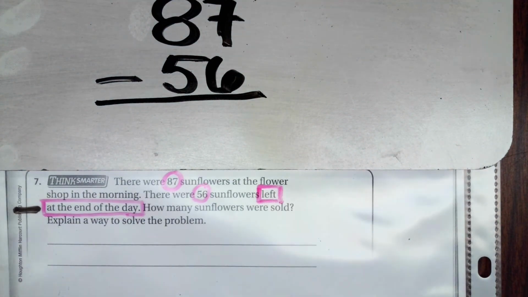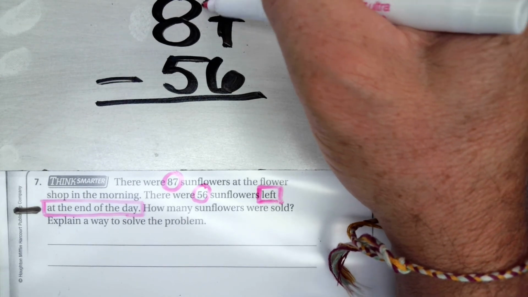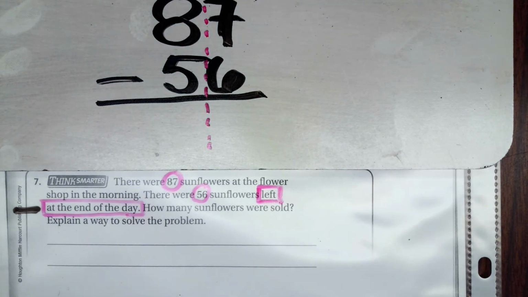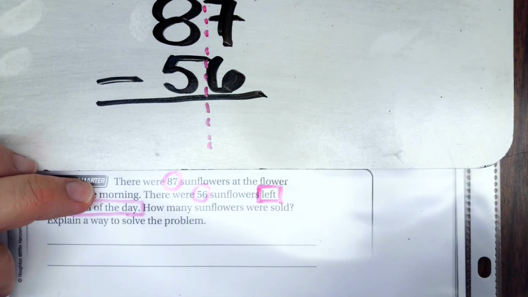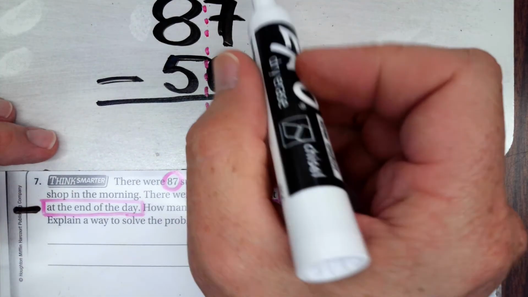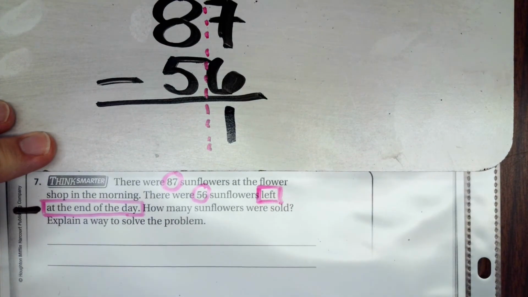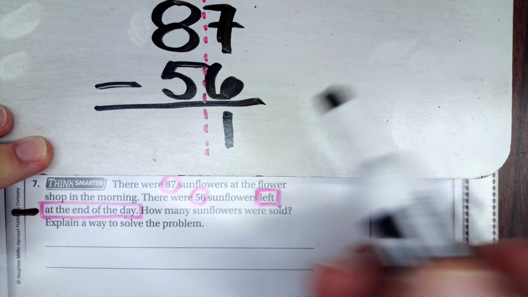Again, I like to divide my math problems between the tens and the ones place because it helps me stay organized. I look at my ones place and the number 7. If it's greater than the number 6, I can subtract. 7 subtract 6 is 1. And 8 is greater than 5, so 8 subtract 5 is 3.